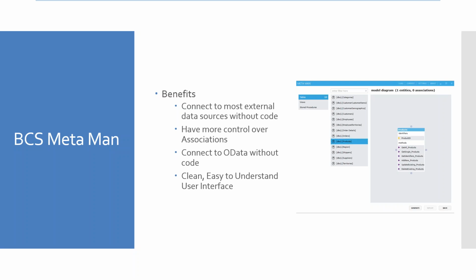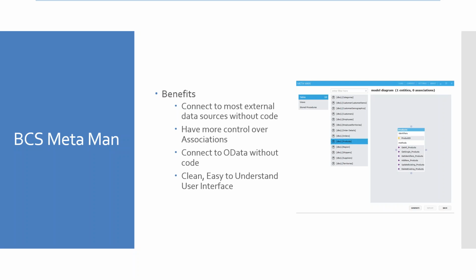If you want to connect to anything else, then typically you have to write code. So Visual Studio is the tool that you then turn to, and with that, you get a bit of a head start. You get a managed metadata diagram that allows you to define all of the properties and your methods and so on, but you do have to write the code in order to connect to that external data source.